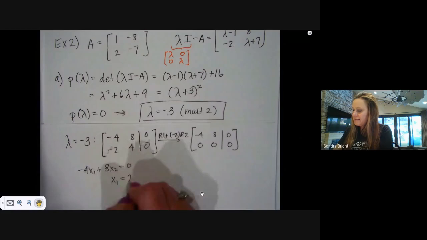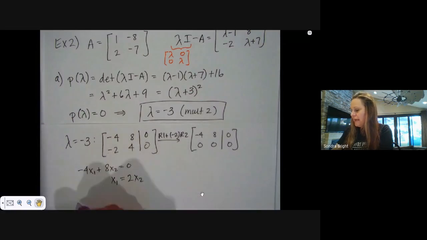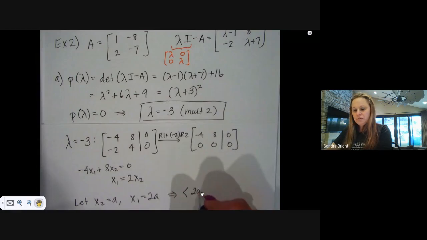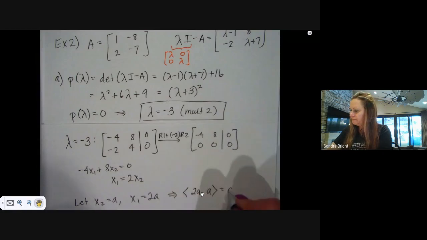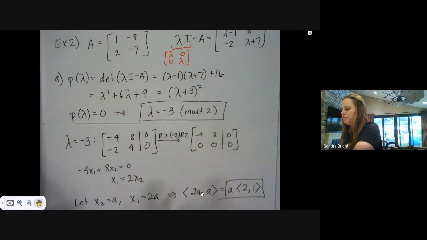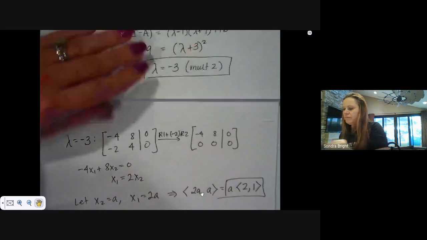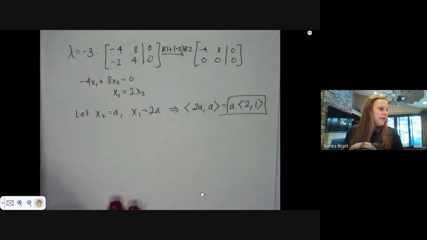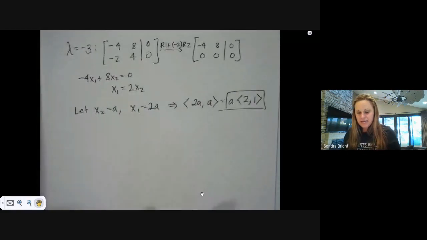If I let x2 equal a, then x1 will equal 2a, which gives me an eigenvector of 2a, a, factoring out the a, 2, 1. All right, so there's my eigenvector corresponding. Part B says, is it diagonalizable?